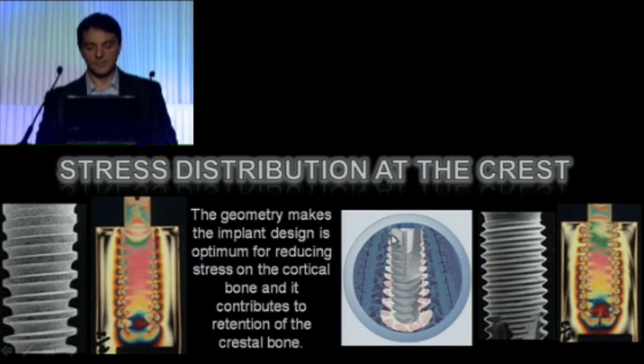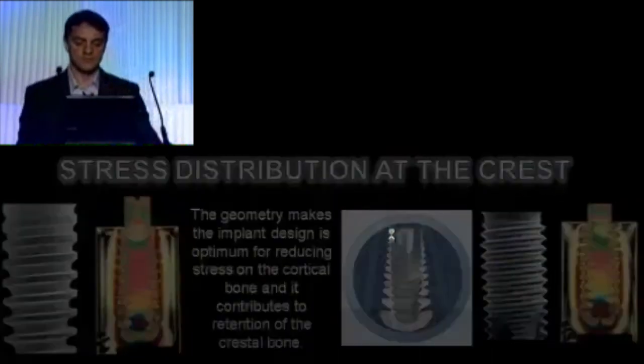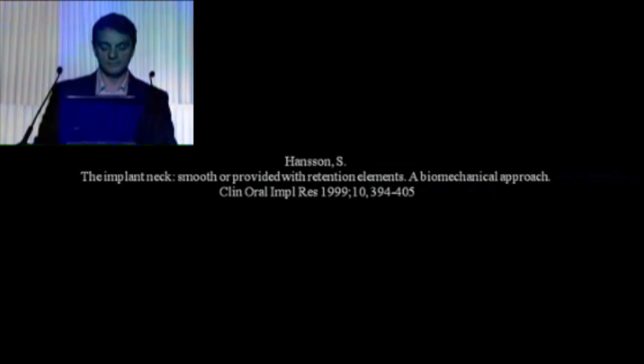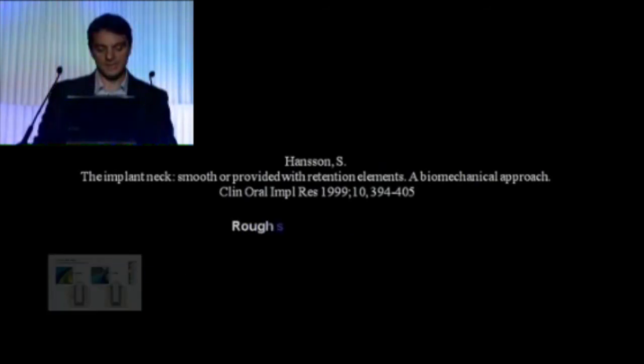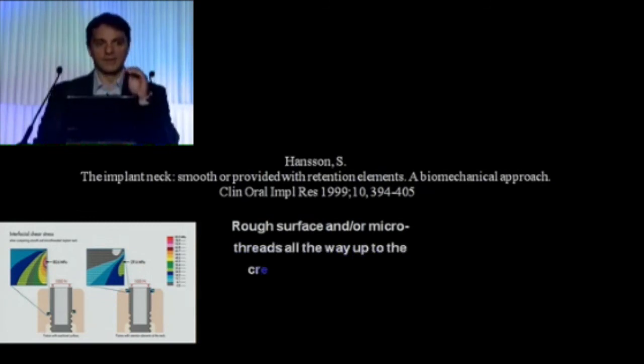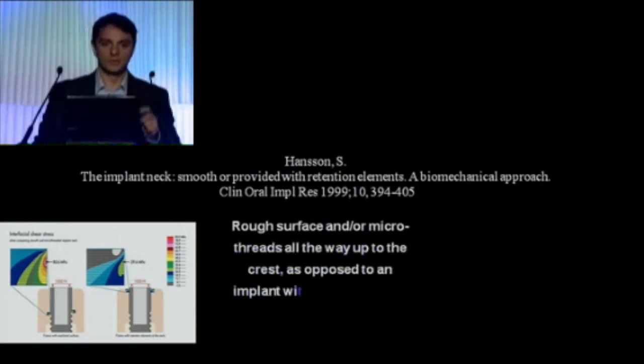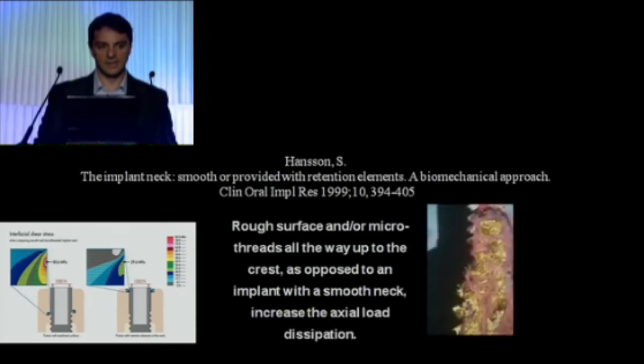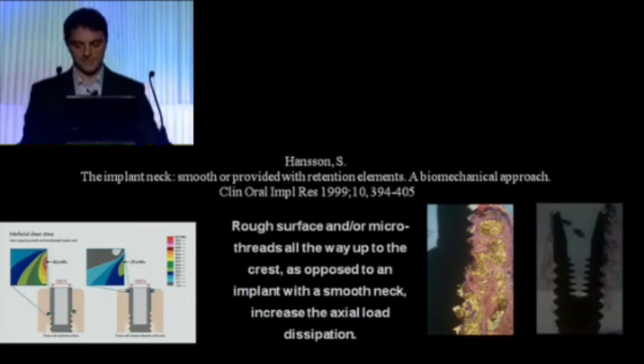Thus, it reduces the concentration of stress in the neck. And this has been seen in depth in in vitro studies, as well as having a microthread surface or a rough surface up to the neck can help to reduce the stress in the cortical layer at the neck of the implant, which is very important, as you can see here.